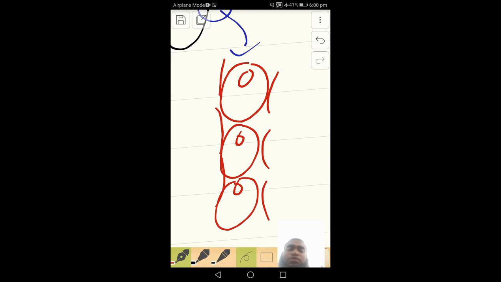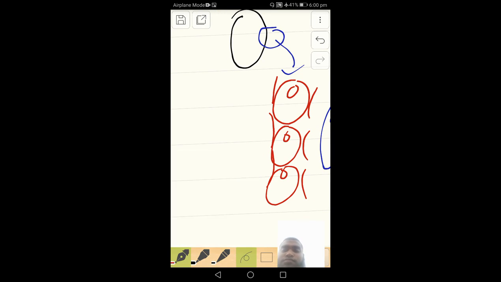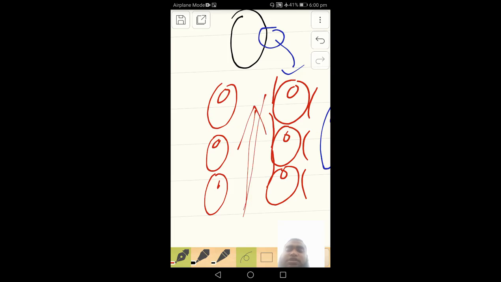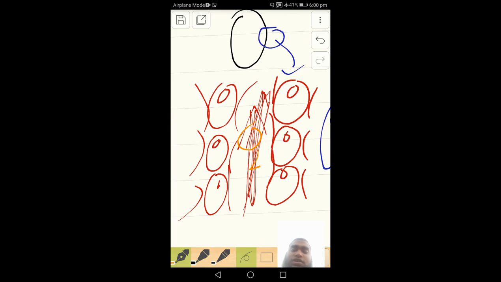So suppose this is a body cell and imagine this is a capillary. Now blood is going from inside the capillary. This blood contains oxygen, isn't it?